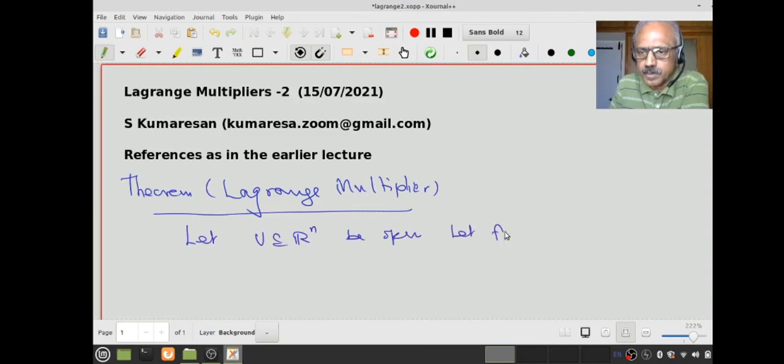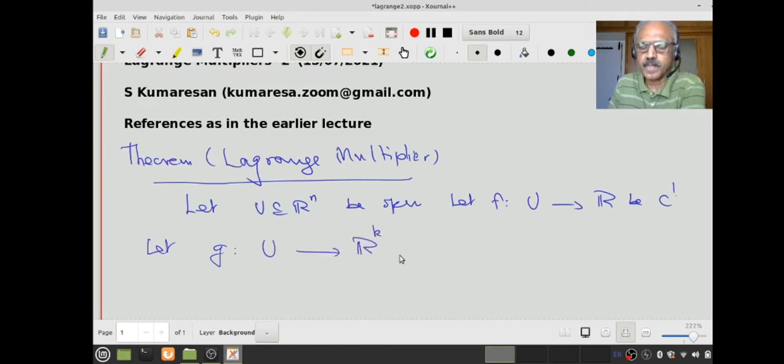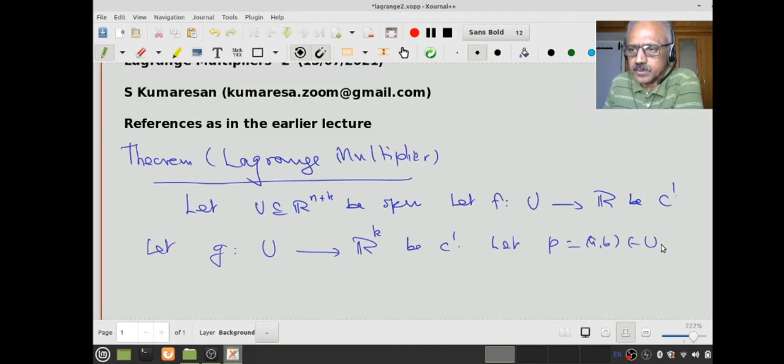Let F from U to R be C1, continuously differentiable, and let G from U to R^K, maybe I will write it as R^(n+K), be C1. Let P equal to (A, B) be an element of U.